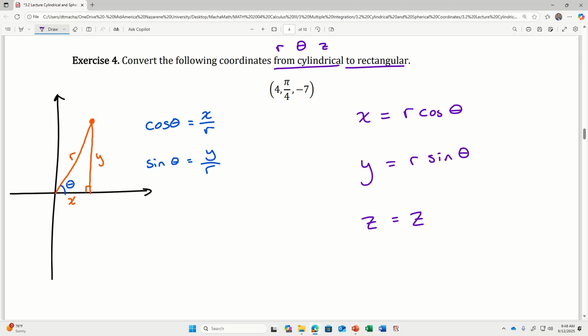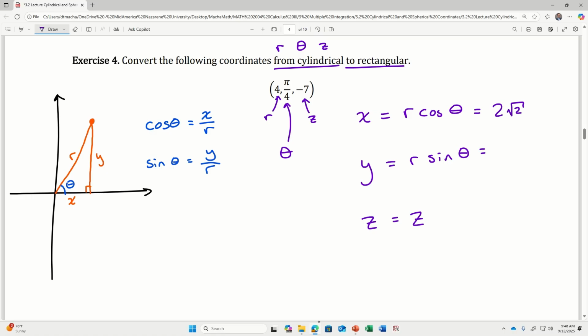In answering this type of problem where you're given r equals 4, theta is pi over 4, and z is negative 7, is super easy. Because like cosine of pi over 4 is square root 2 over 2.